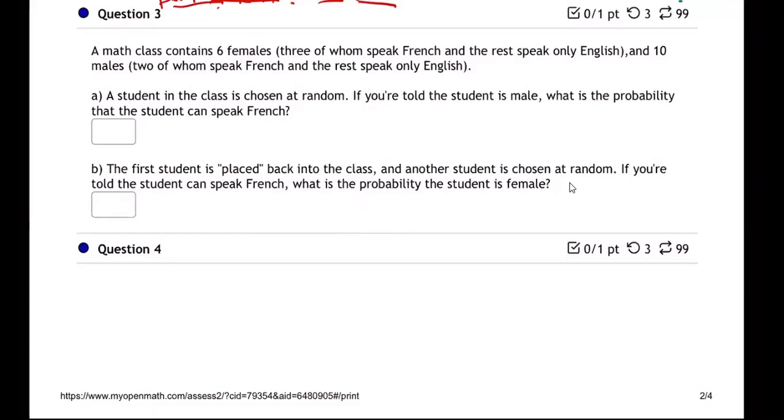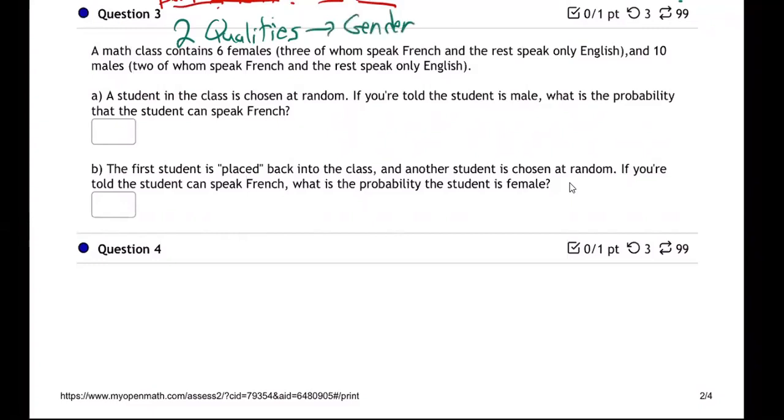Notice that there's 2 qualities or characteristics on this problem. Do you see that? What are the 2 qualities?